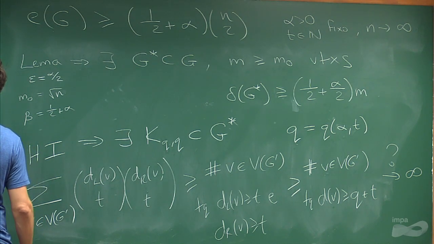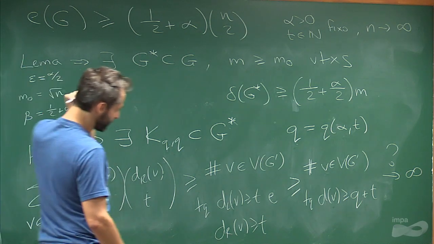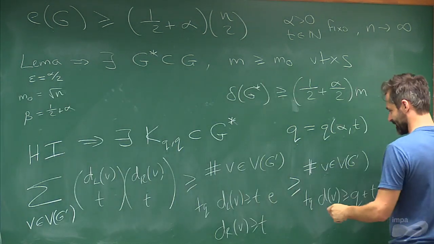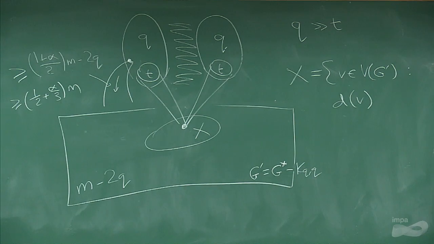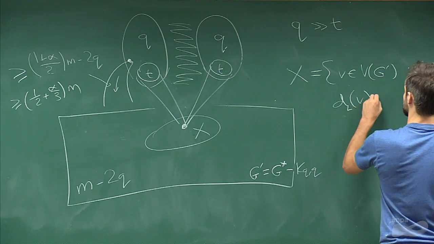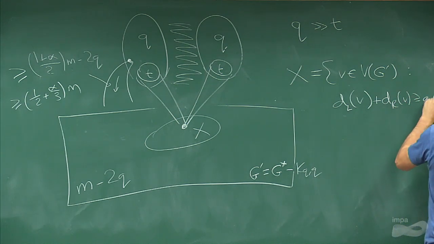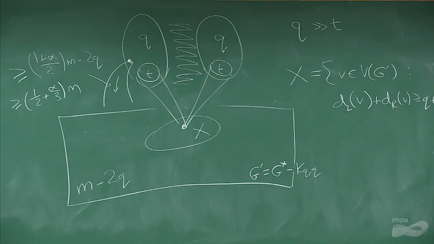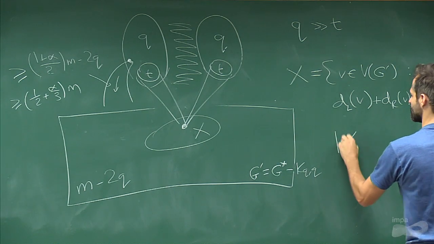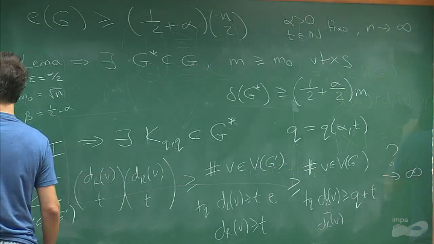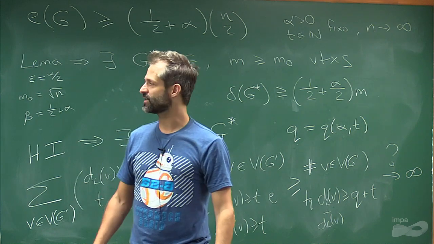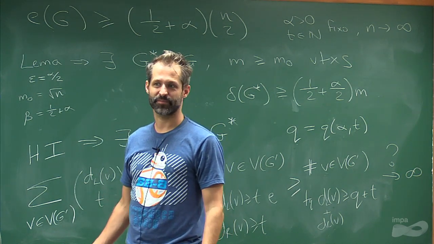such that the degree of v, left plus right, I mean the degree up. And let's suppose that this thing is bounded by a constant, so it's small.